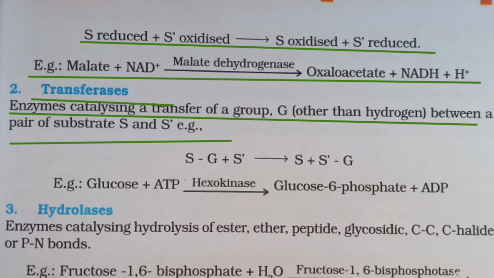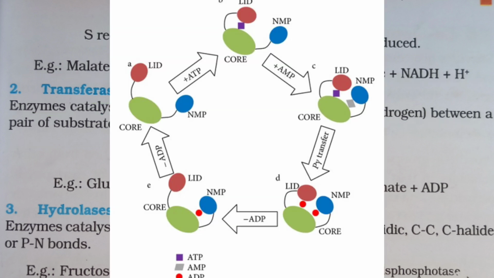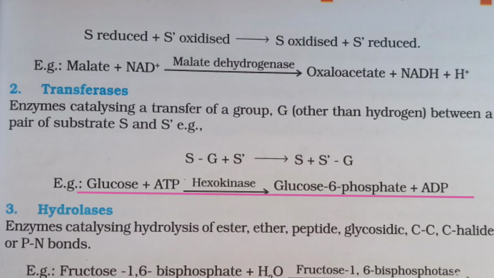H+. Second one, transferases. Enzymes catalyzing a transfer of a group G other than hydrogen between a pair of substrates S and S'. Example: S-G plus S' gives rise to S'-G and S. Example: glucose plus ATP, by the action of hexokinase, gives rise to glucose 6-phosphate and ADP.